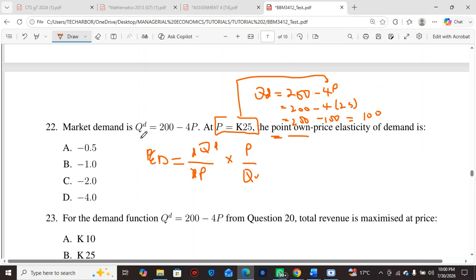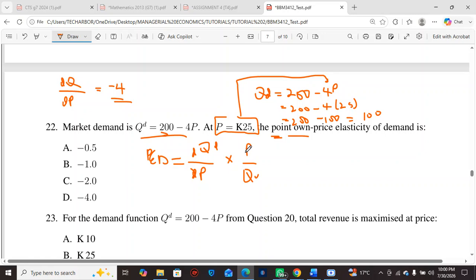Next, we need to derive this function. So we say dQ/dP. When we derive this, the 200 disappears. When we derive negative 4P, we get negative 4.